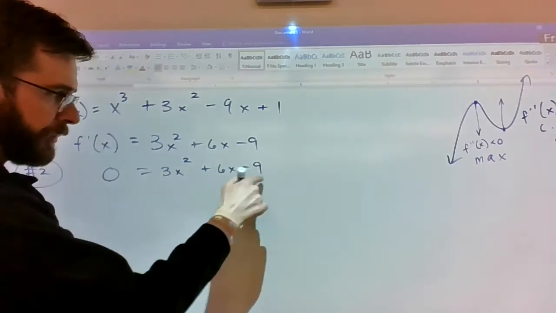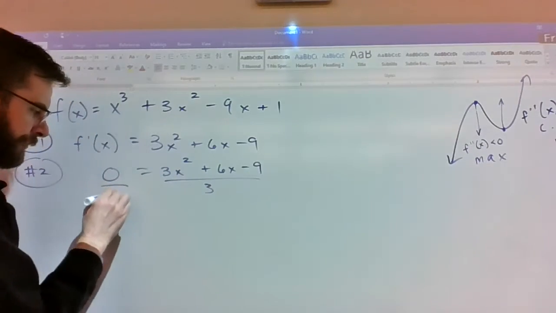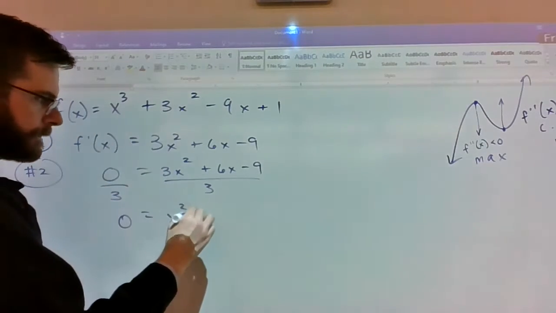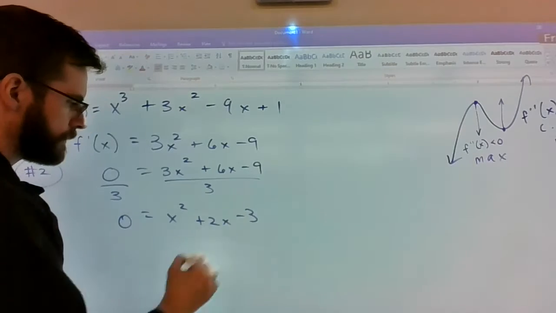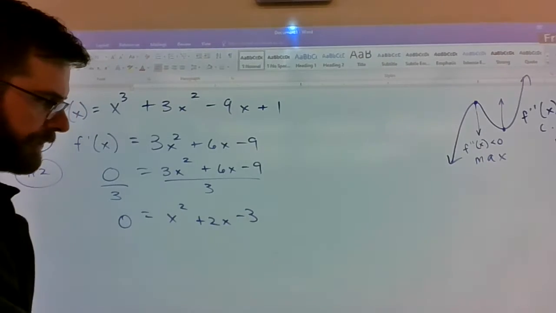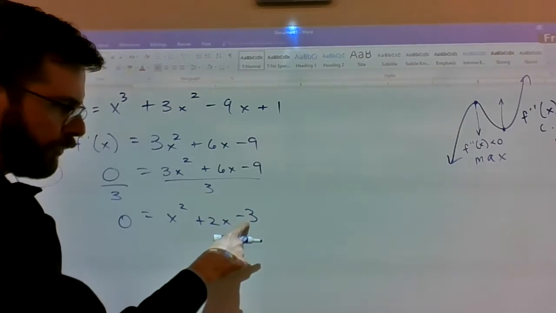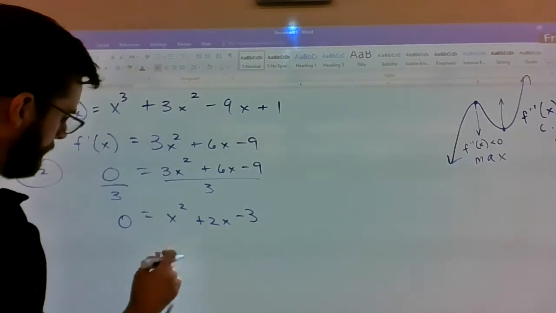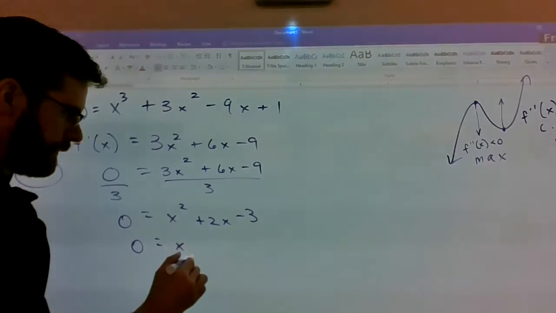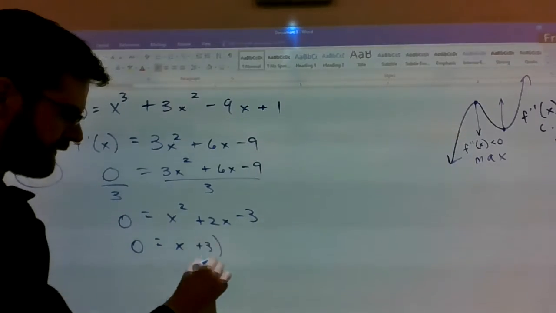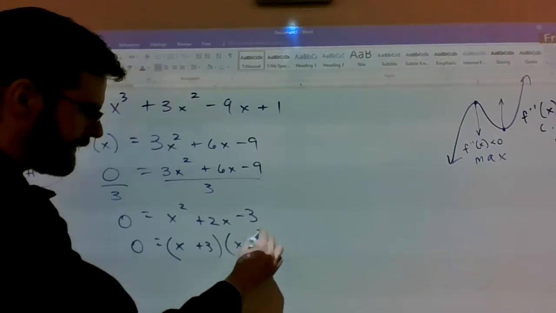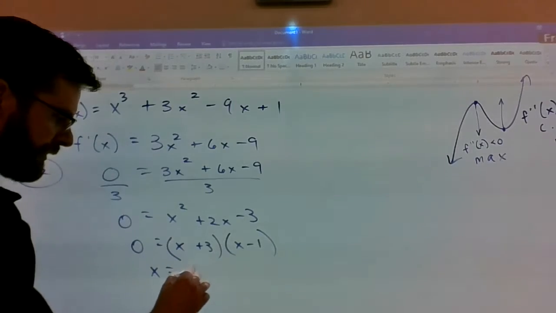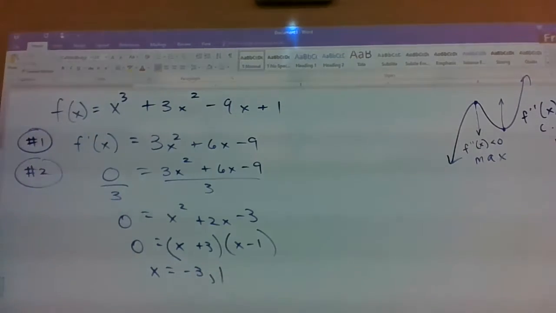I can take out a 3. In fact, I can divide out the 3. It's a factorable polynomial. Plus 3 and negative 1 will create this product and this sum. Yeah, that does it. So then our critical numbers are negative 3 and positive 1.